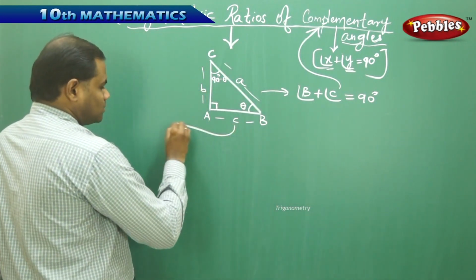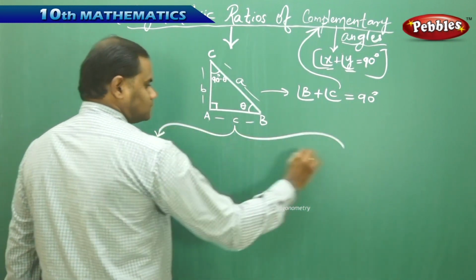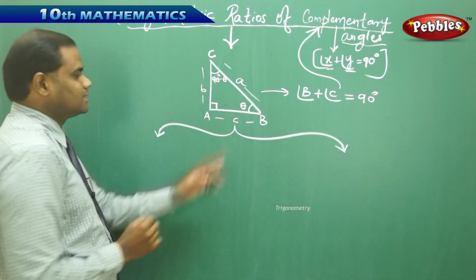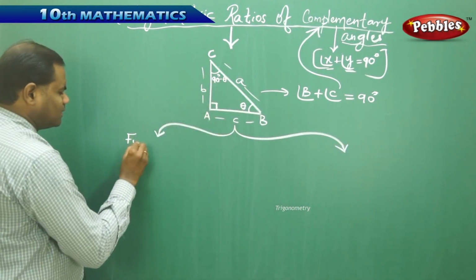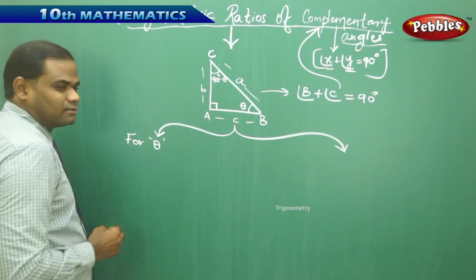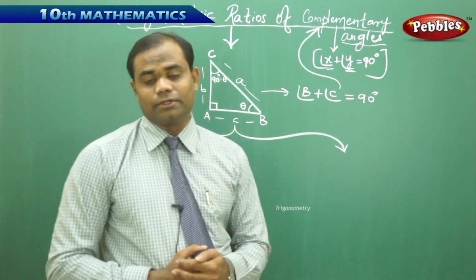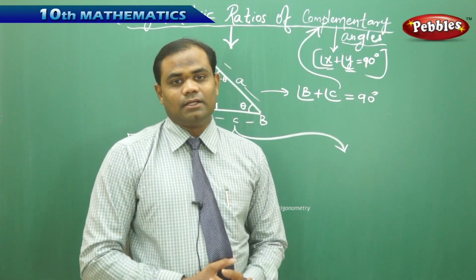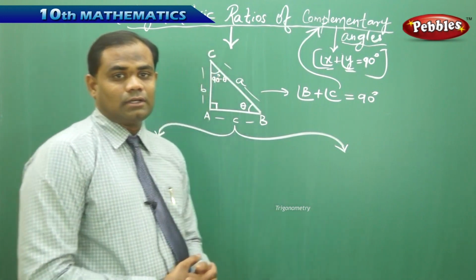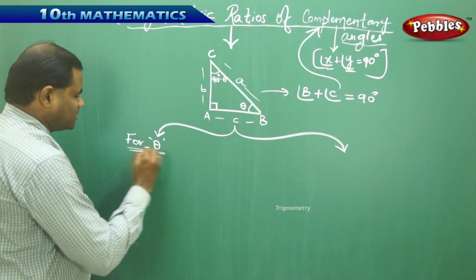So I take two sets of trigonometric ratios, for each of the angle theta and angle 90 minus theta. For angle theta, we have sine theta equals opposite by hypotenuse, cos theta is adjacent by hypotenuse, and tan theta is opposite by adjacent. So let's initially find all three trigonometric ratios for theta.